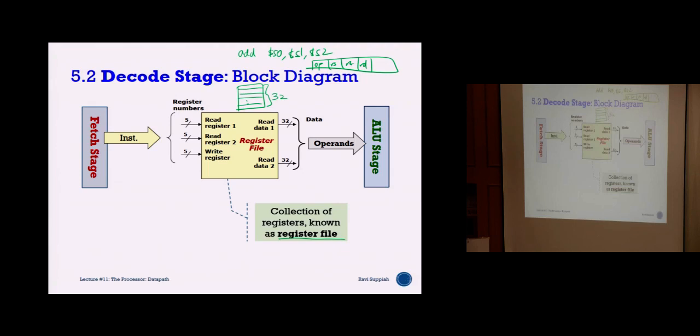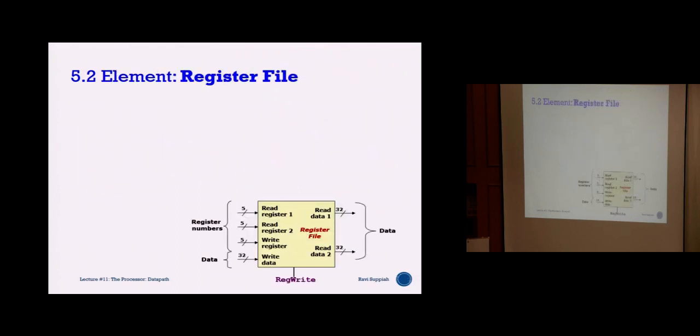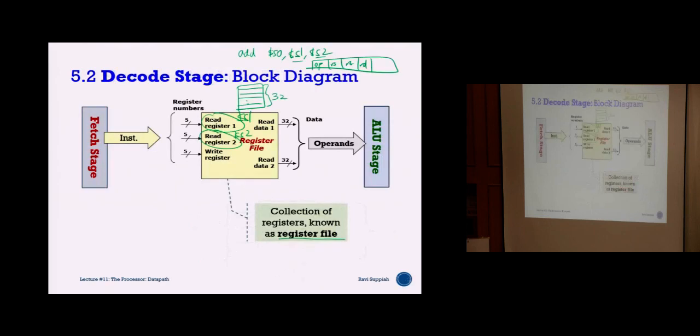So if I want to access registers S1 and S2, then I need to tell it that I want to read from 2 registers here, which are S1 and S2. So let's look at this. In my R-type instruction, I need to read from 2 registers called RS and RT.